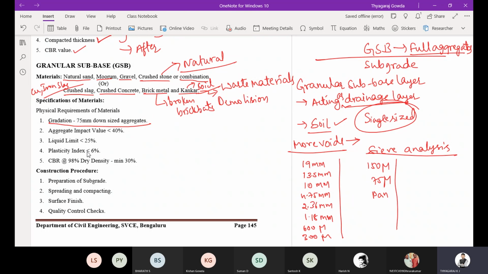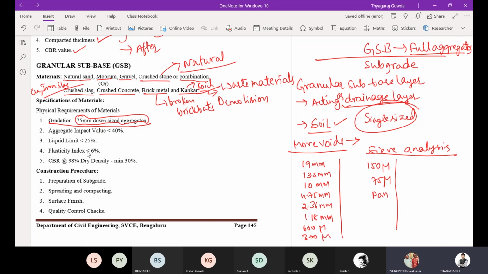Now look carefully. Since GSB is an aggregate layer, what does it indicate, 75 mm and downsized aggregates? Any idea? Dhruva Kumar?